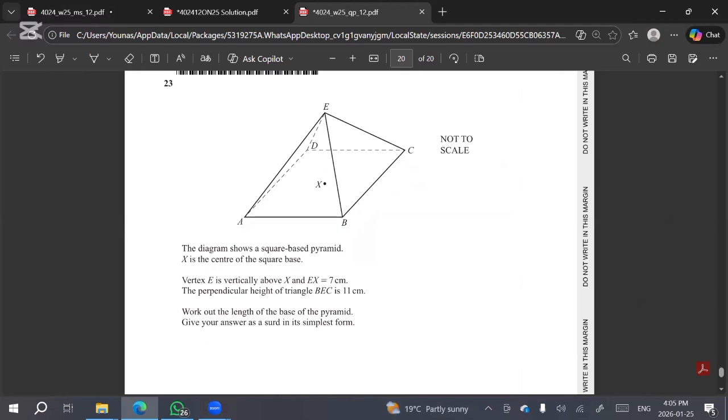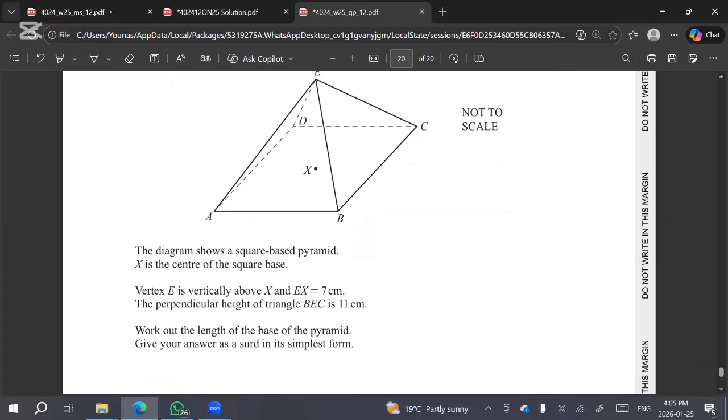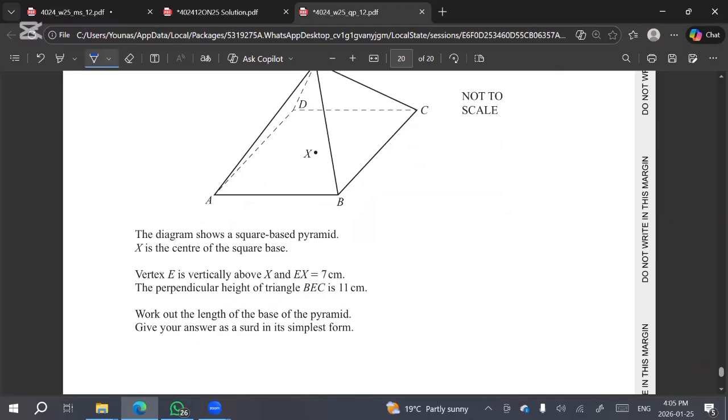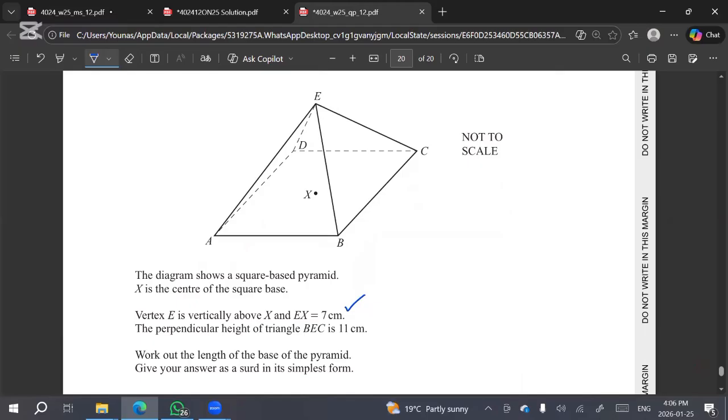The vertex E is vertically above X. From E to X, the height of the pyramid is 7 centimeters. The perpendicular height of the triangle DEC is 11. The perpendicular height means this length.